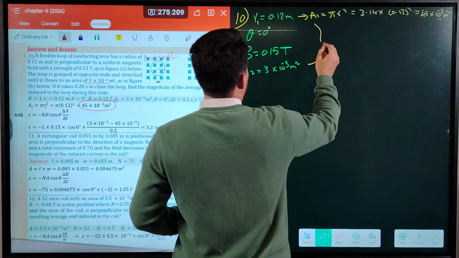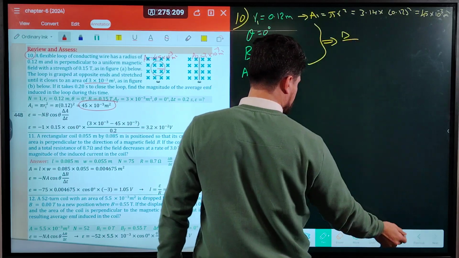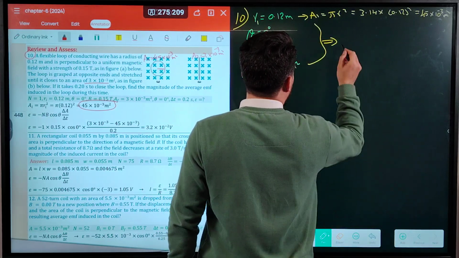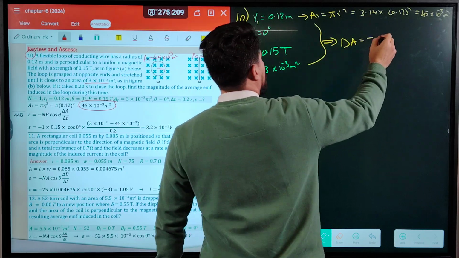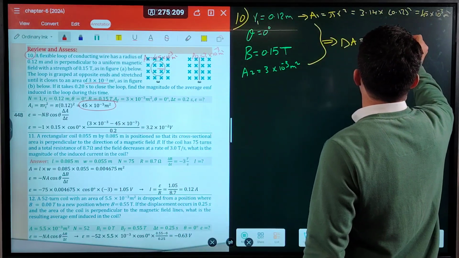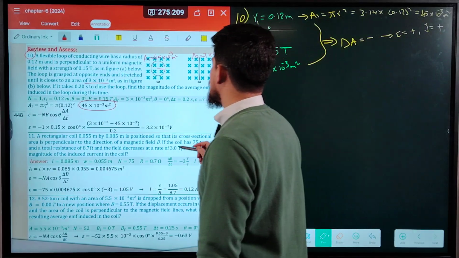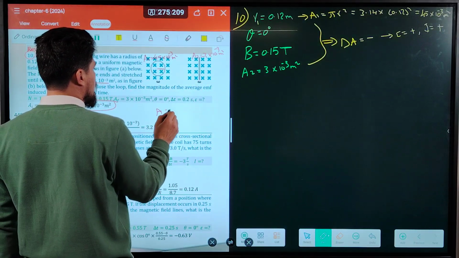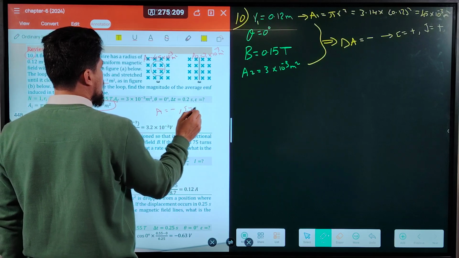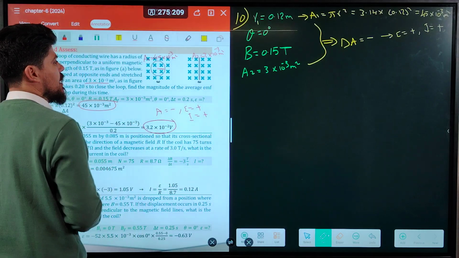Now, between these two areas, because delta A decreased, it becomes negative, but EMF is positive, induced current is positive. Why? Because when area decreased, delta A becomes negative, but EMF is positive, induced current is still positive. Okay?